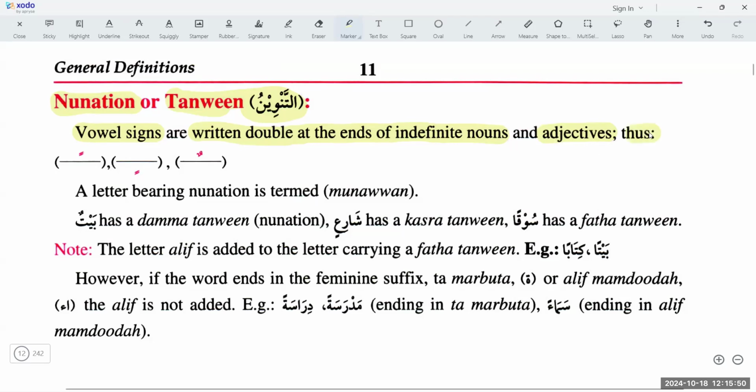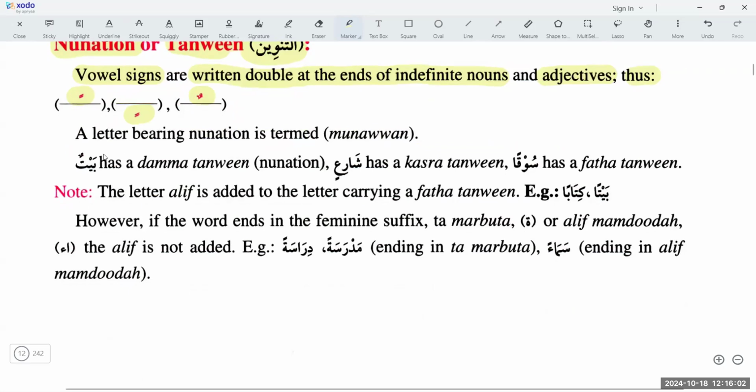Thus, there will be two fatha, two kasra, and two dhamma. A letter bearing nunation is termed munawwan. If there is a double vowel on a letter, we call that letter munawwan.